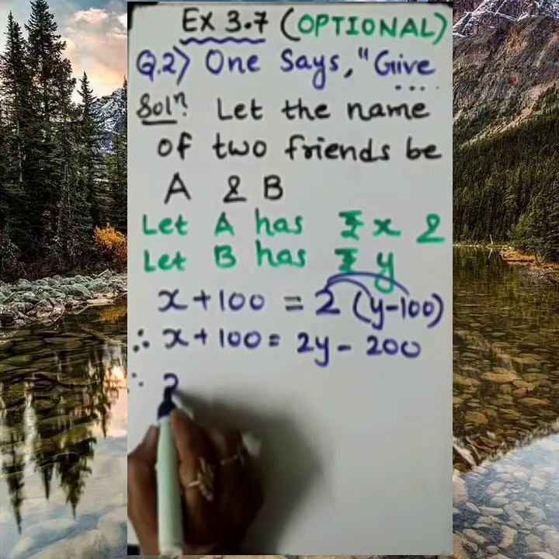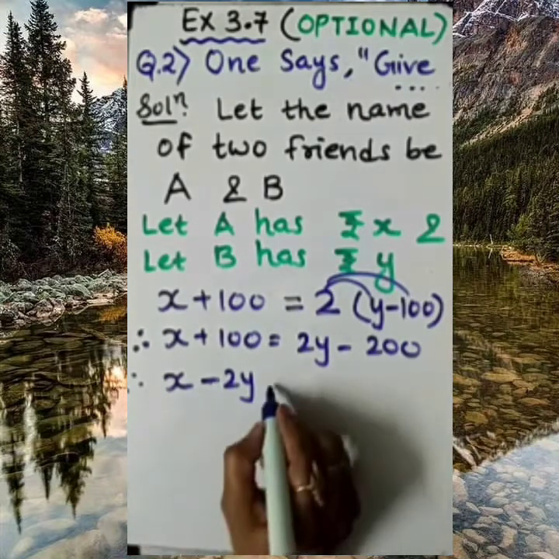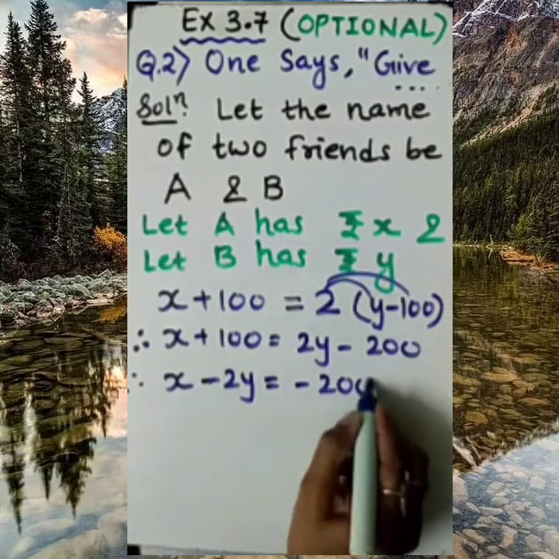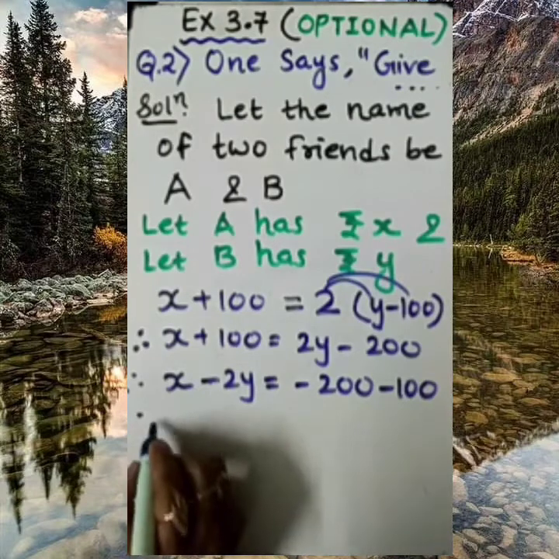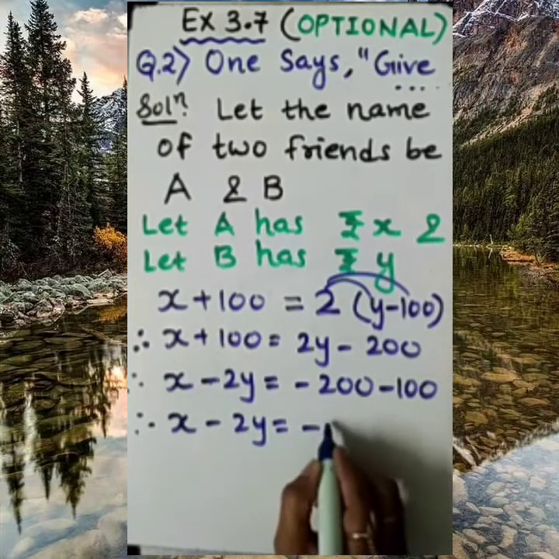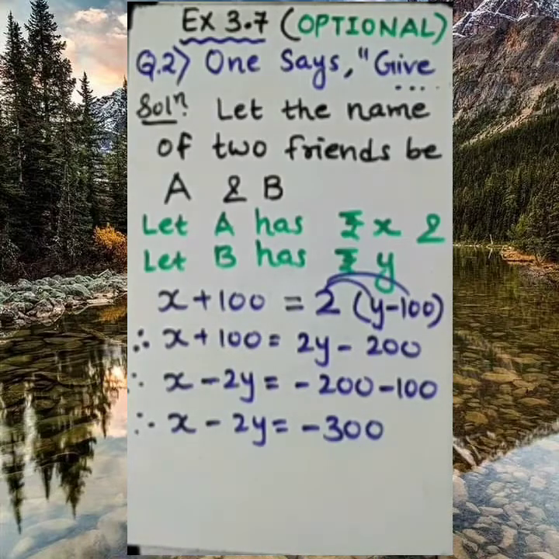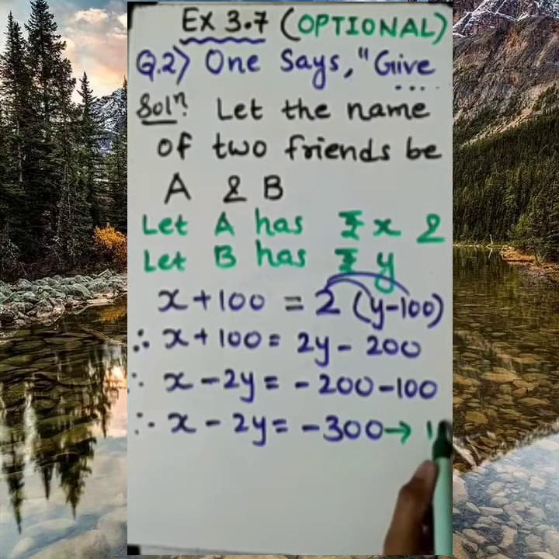X is already this side, this 2y I am bringing to this side, minus 2y, and minus 200, and this 100 will go to that side. So finally the equation becomes x minus 2y equal to minus 300. This is a linear equation in general form. Let me call it equation number 1.